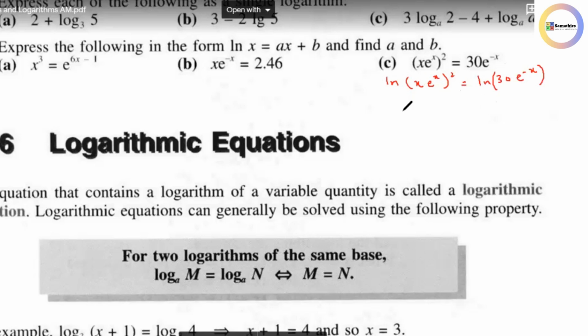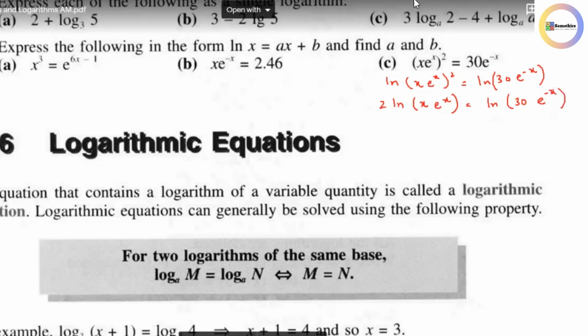So then what you have to do, here we have square. Square is on the whole, so you take 2 before this: 2 ln (x e^x) is equal to ln (30 e^(-x)), right?